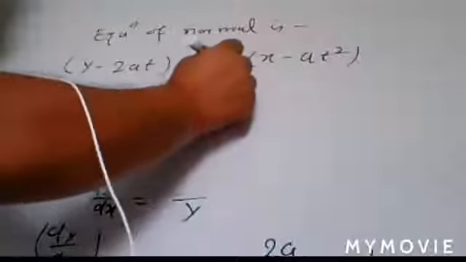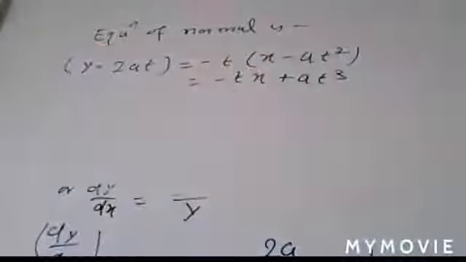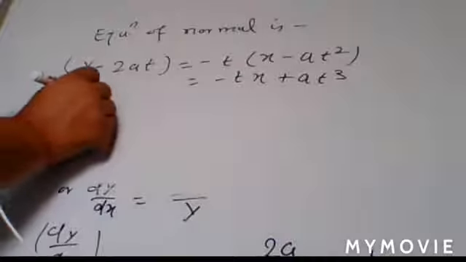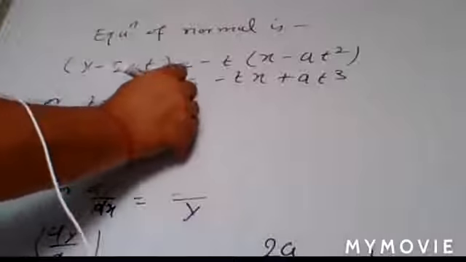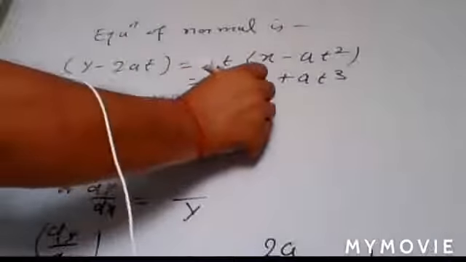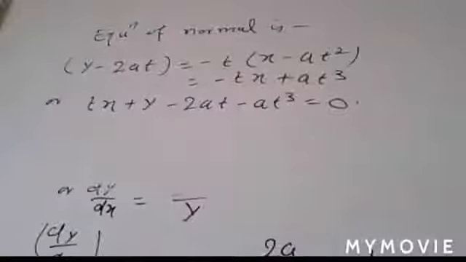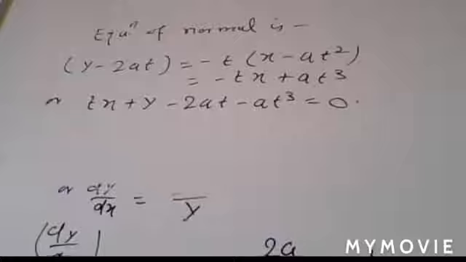So that is equal to minus tx plus at cube, or you can write it as tx plus y minus 2at minus at cube is equal to 0. Understand? So in this way you can find the equation of normal. That was asked in 2013.